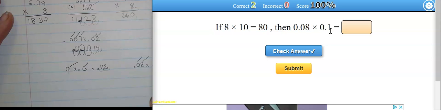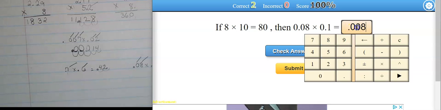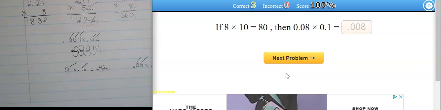But we'd need to move the decimal once, twice. Didn't leave myself enough space, did I? 3 times. The decimal needs to end up here. What about in these empty spots? Fill those with placeholders. So I need decimal 008. And I got that one correct.